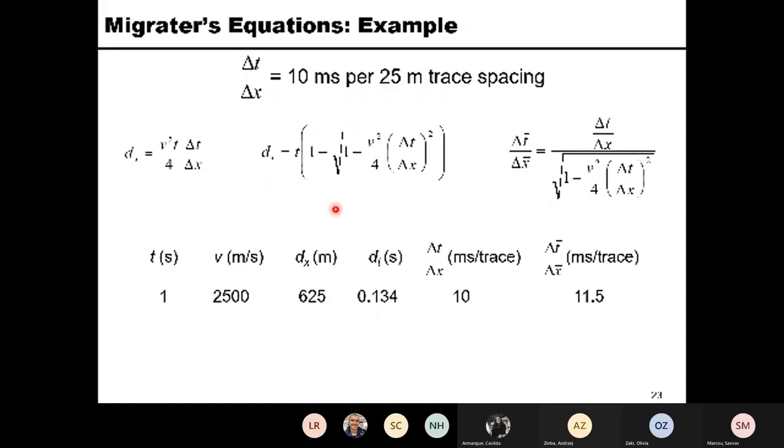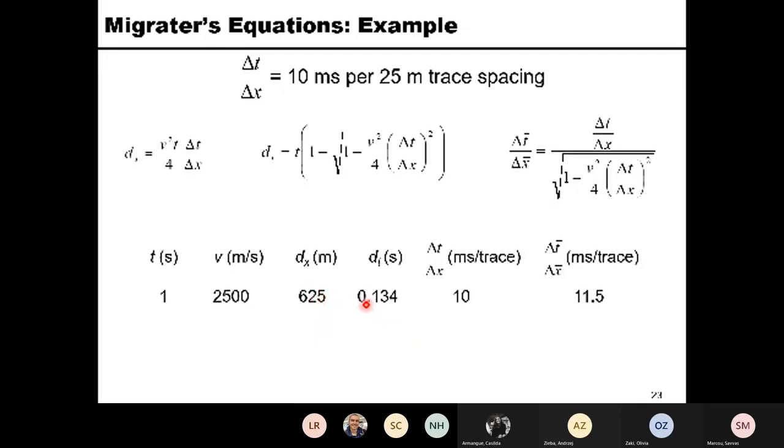So based on this formula, you have dt over dx. You also have v. You also have t. T is 1. V is 2,500. So this one gives you delta x, and dx gives you dt. This is in your seismic profile. You know this one will shift horizontally quite long, 625 meters, quite a long distance, right?